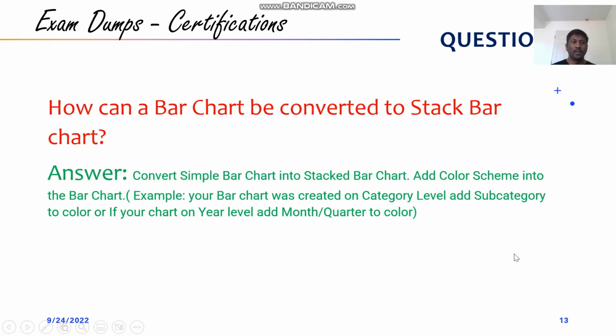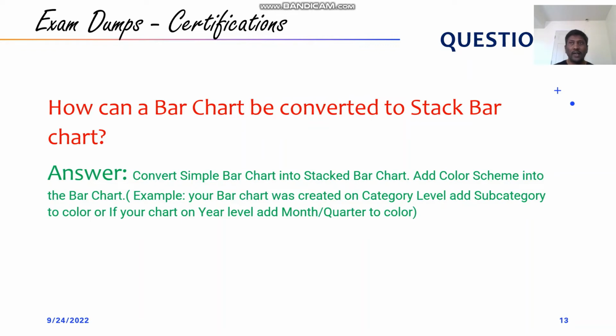Next question. How can a bar chart be converted into a stacked bar chart? Answer: convert a simple bar chart into a stacked bar chart by adding a color scheme to the bar chart. For example, you created a category level of sales year over year or month or quarter.